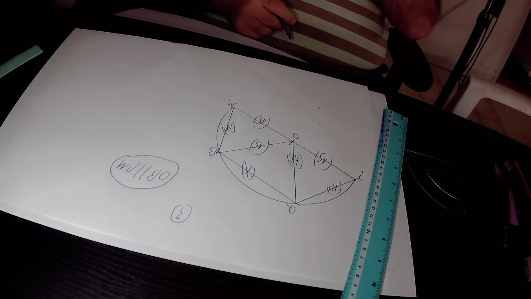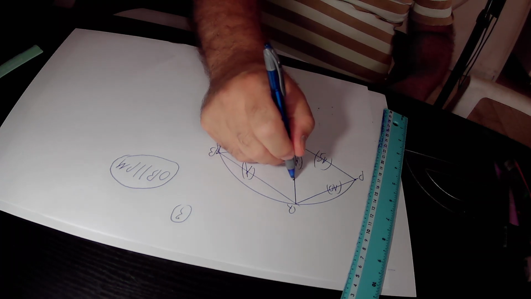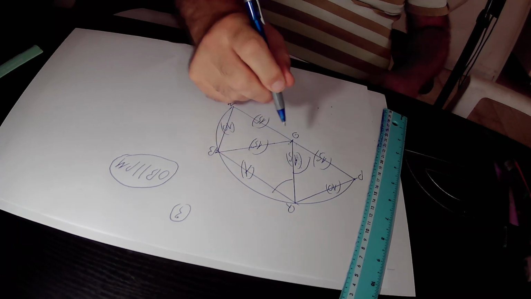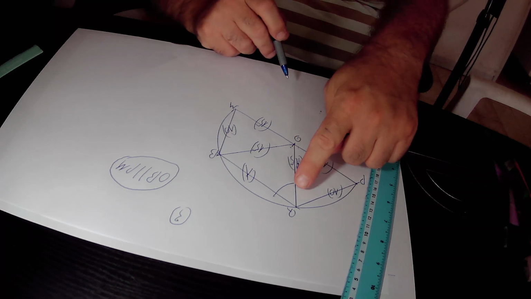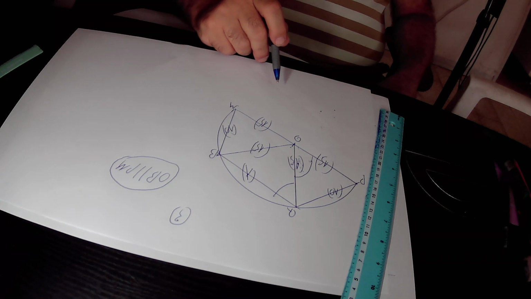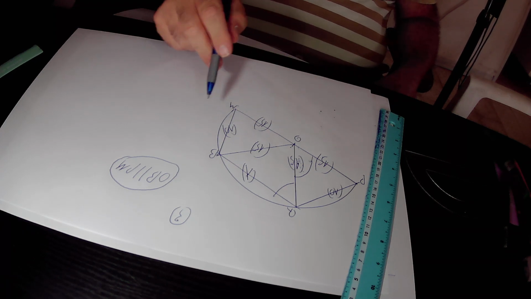Actually, those two angles, this is angle POQ and this is angle OQB, are defined as alternating angles and they are located between the parallel lines QB and PM.